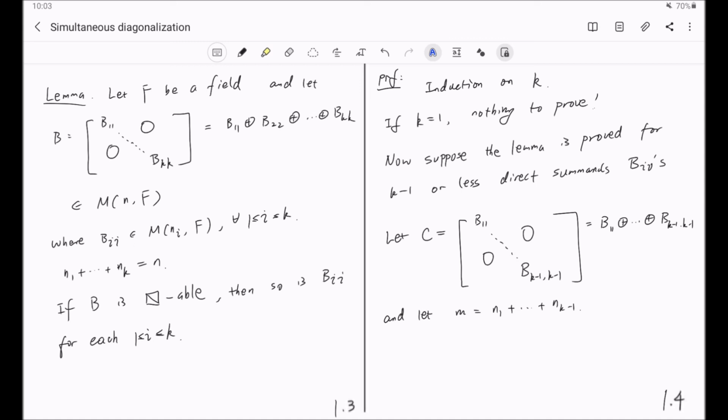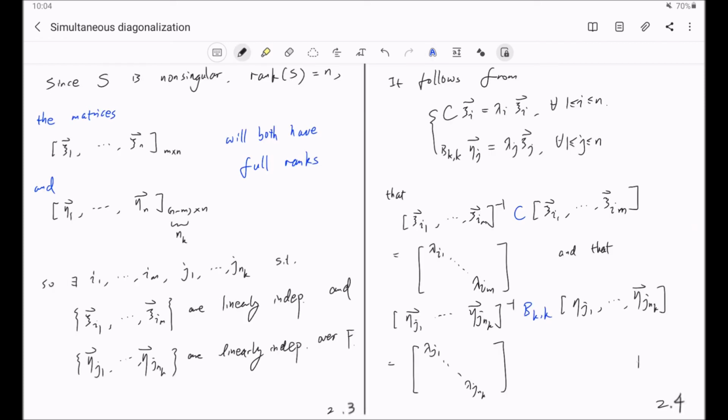This, together with the fact that B sub kk is also diagonalizable, proves the final conclusion of this lemma. So we are done with the proof of this lemma.